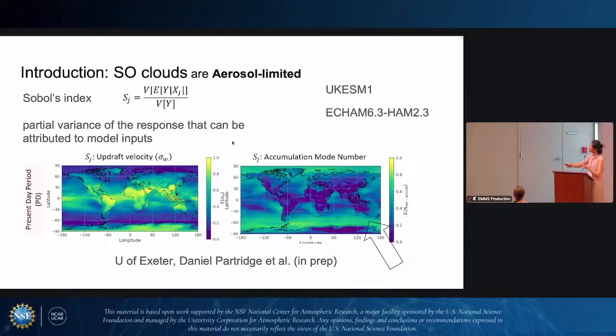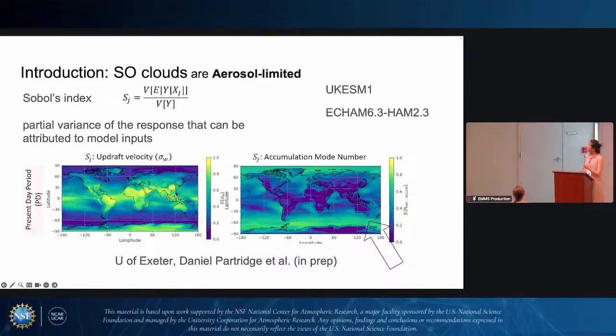As we can see in the figure on the left, over most of the tropical area it's the updraft velocity dominating the clouds. However, over the Southern Ocean, as you can see by the arrow, it is the accumulation mode number being the dominant factor.